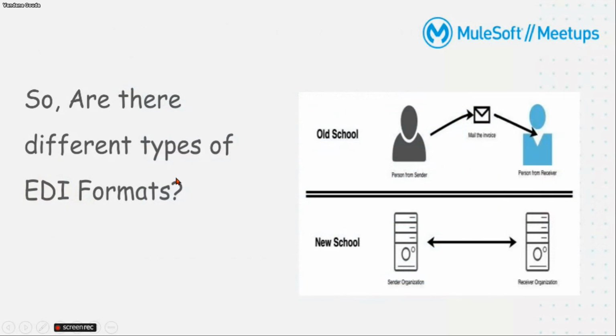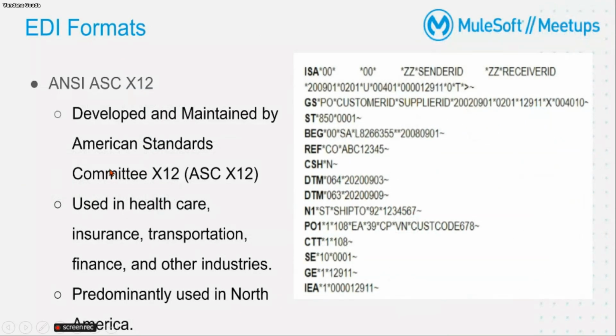Next, the very important thing: what are the different EDI formats available? Okay. There are so many formats available in EDI, but first we'll discuss X12. X12 is developed and maintained by the American Standards Committee X12, and this format can be used in healthcare, insurance, transportation, finance, and several other industries.